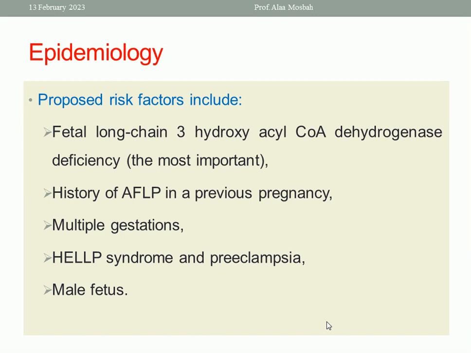What are the risk factors? The most important risk factor is that the fetus has an abnormality in a certain enzyme related to fat metabolism. What is this enzyme? Long-chain 3-hydroxyacyl coenzyme A dehydrogenase deficiency.